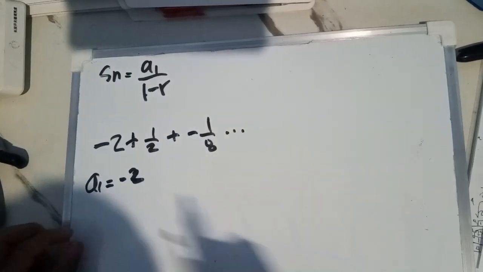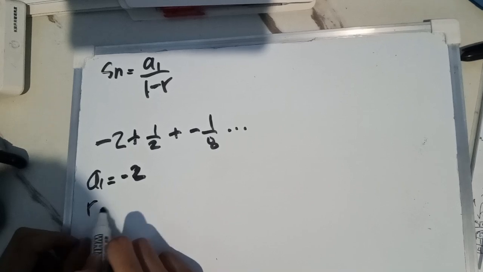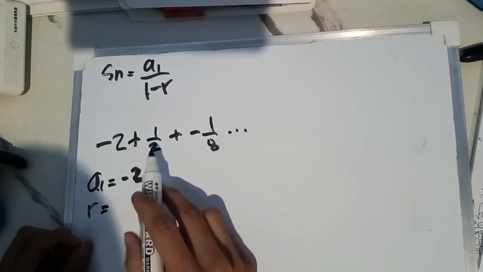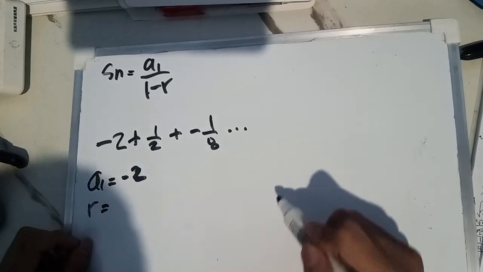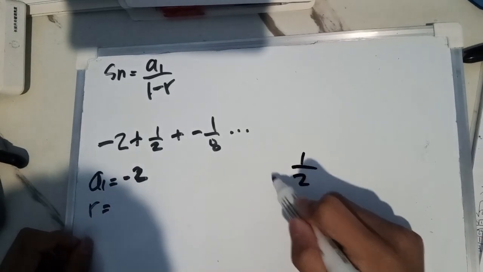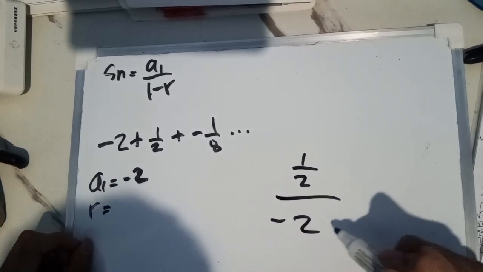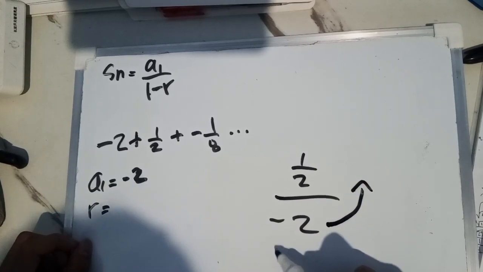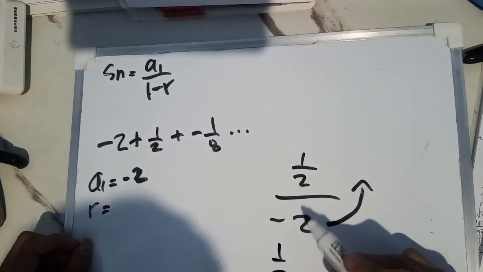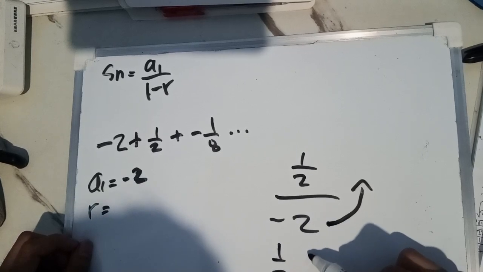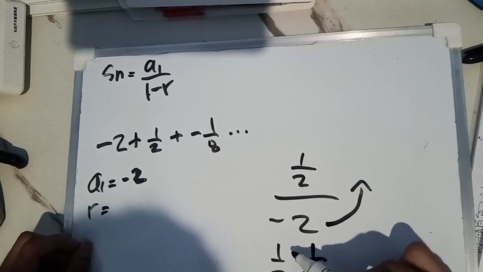Okay, so our common ratio. So again, divide 1/2 by negative 2. So 1/2 divided by negative 2. Okay. So lipat sa taas. So 1/2 times 1 over negative 2.